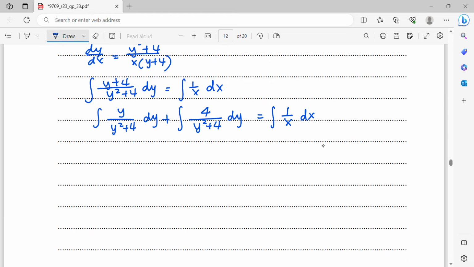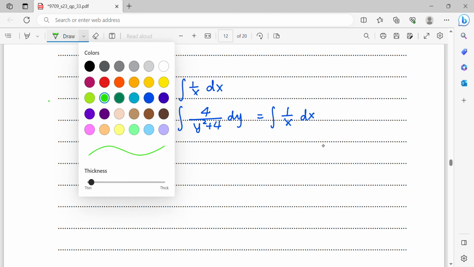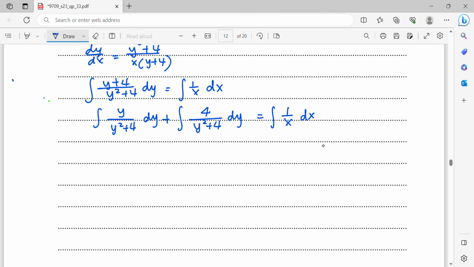Now, for the left hand side, I'm going to use ln. Okay, so from here, for your information, when you need to use ln, integrate f prime x over fx, it will be ln fx plus c. So now I will rewrite y squared plus 4.